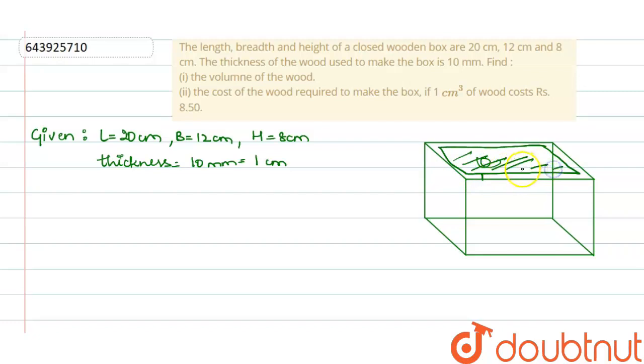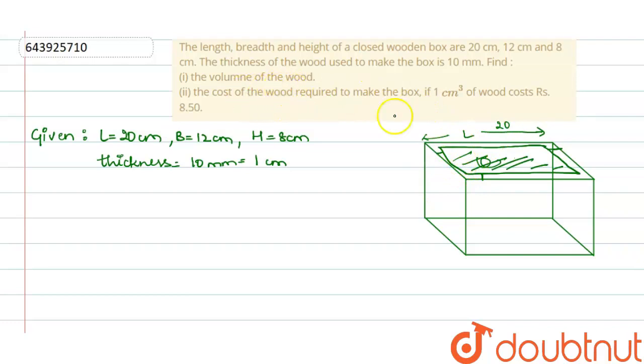So, for example, this is the length, which is given to us to be 20 centimeters, and from here we can cancel out 1 centimeter, and 1 centimeter from the other side.